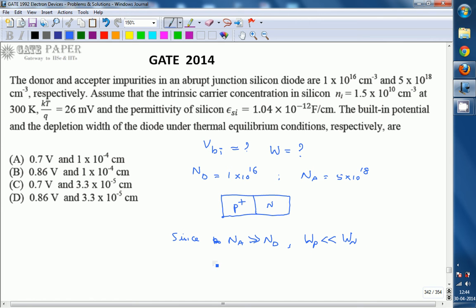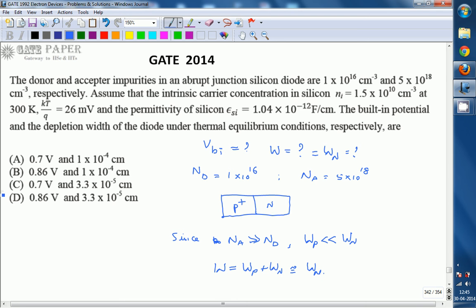So the total width of the depletion region under equilibrium, Wp plus Wn, is approximately equal to Wn itself. So if you calculate Wn, that itself will be the answer for the depletion width of the diode under thermal equilibrium conditions.